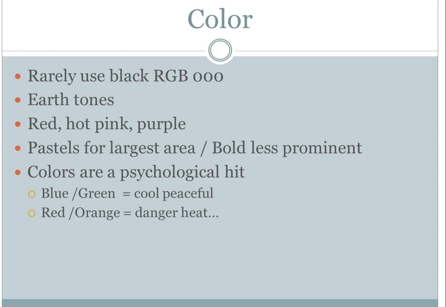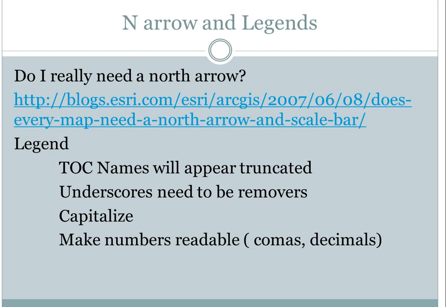When you're doing a large area, if you want to have a state with population dots, you would probably pick a pastel color for the states and a bold color for the population dots. And then, we really do have psychological reactions to color, and so a lot of red and orange can indicate danger or anxiety in a map. Blue and green are more peaceful colors.